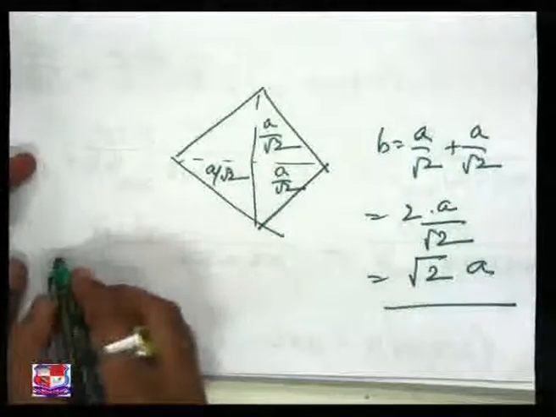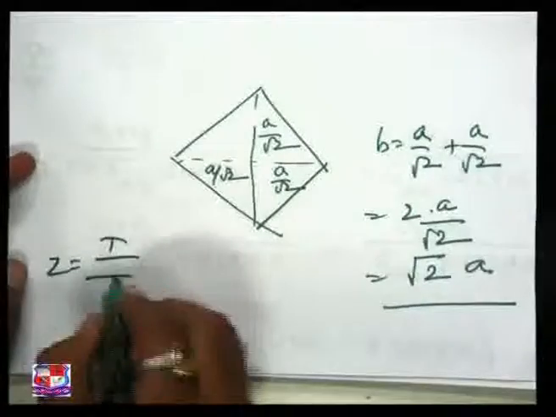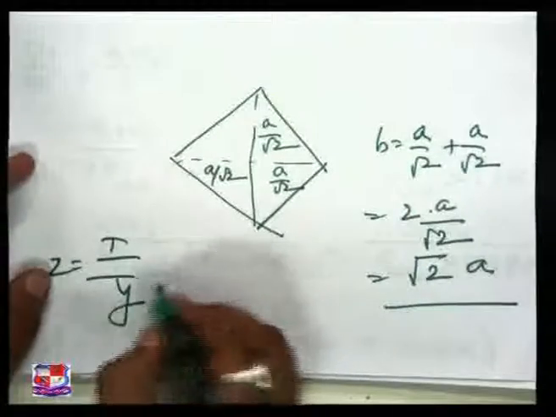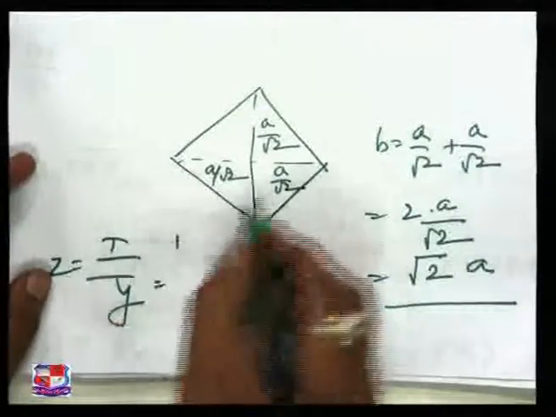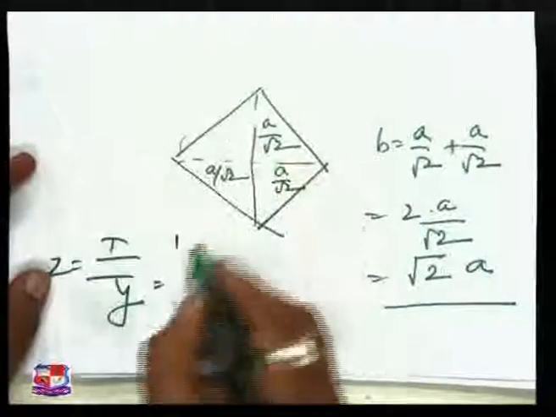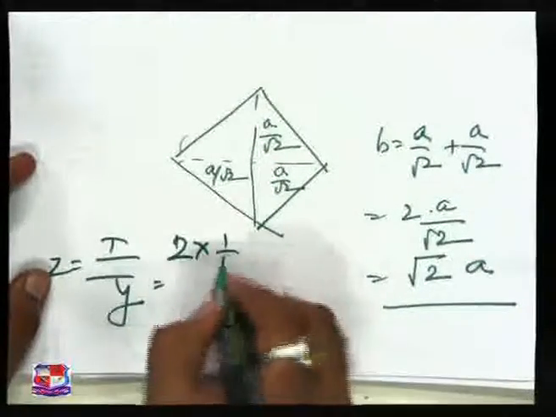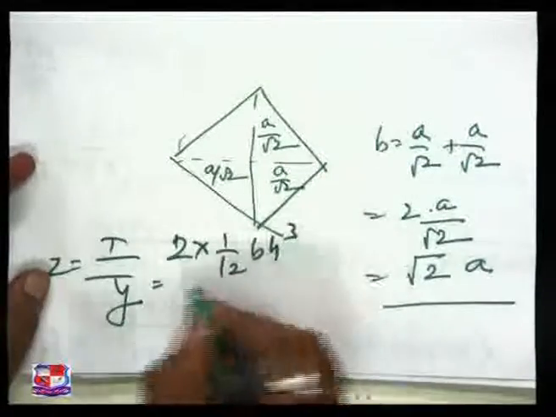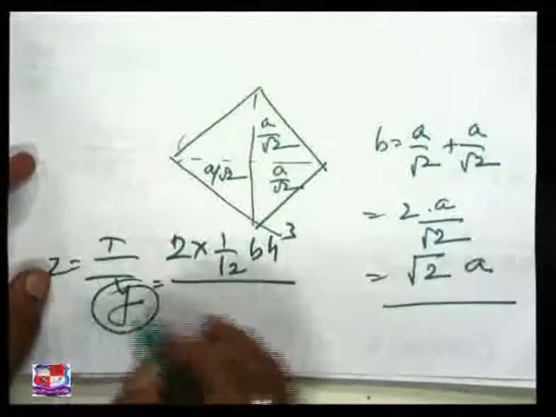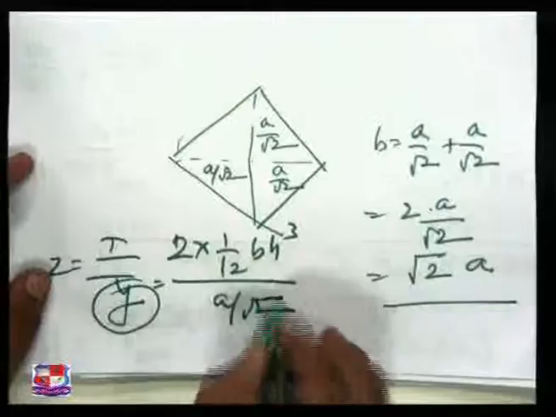So z is equal to, because the two triangles are there, 2 into 1 by 12 bh cube by y, where y is a by root 2.